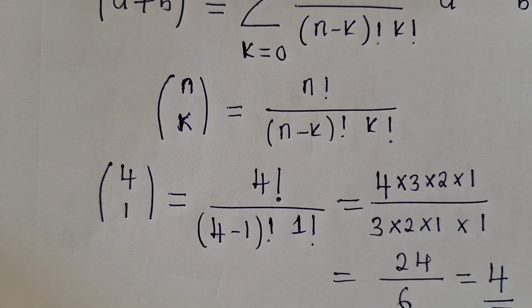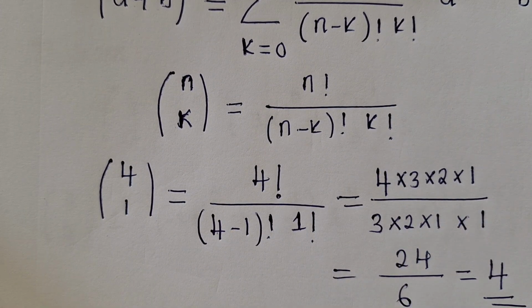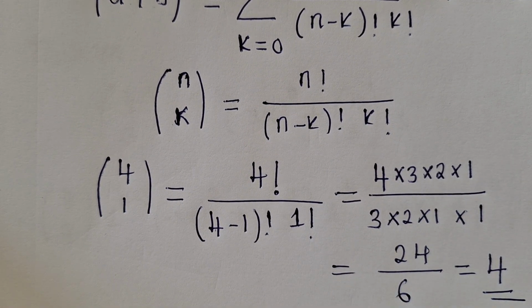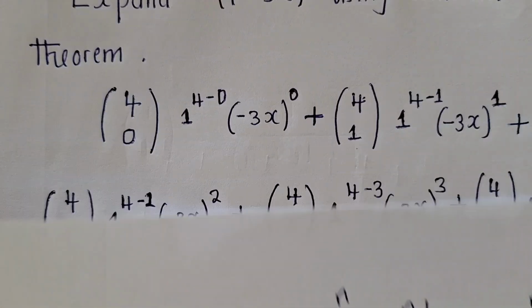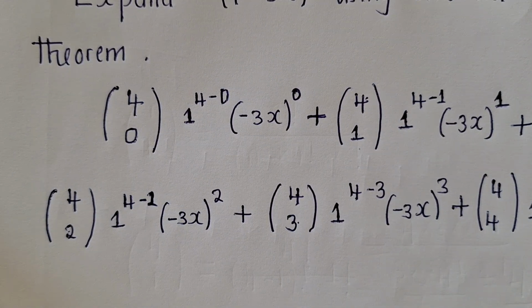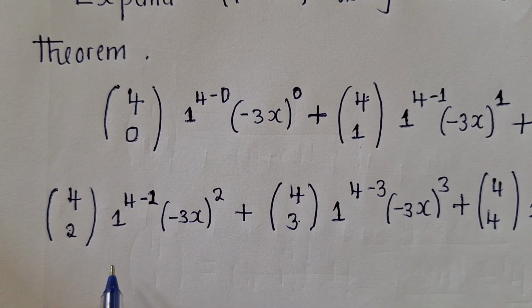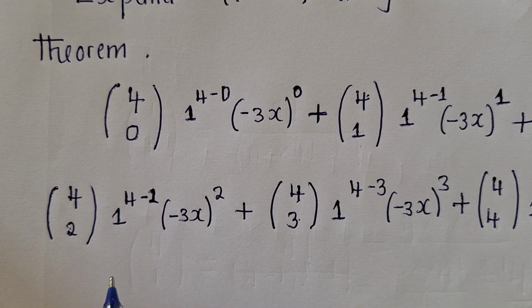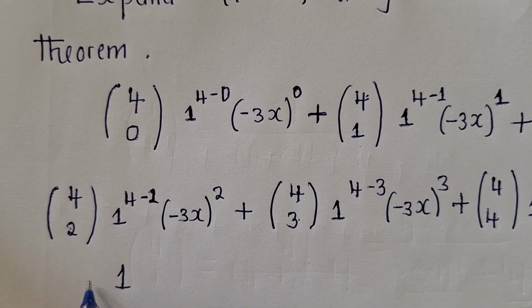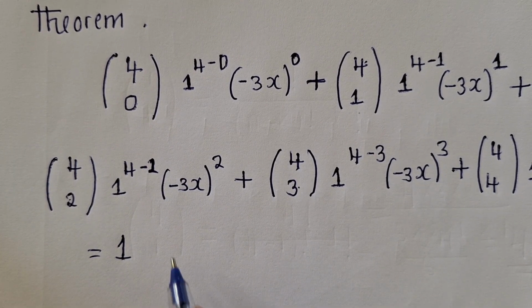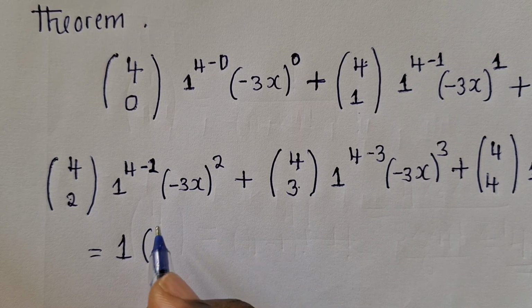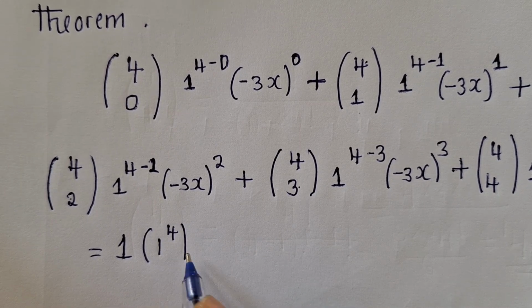So this is a process that you need to follow. Now, let me just do the calculations here. When we do those steps, this one gives us a 1, so it's 1 multiplied by 1 power 4.